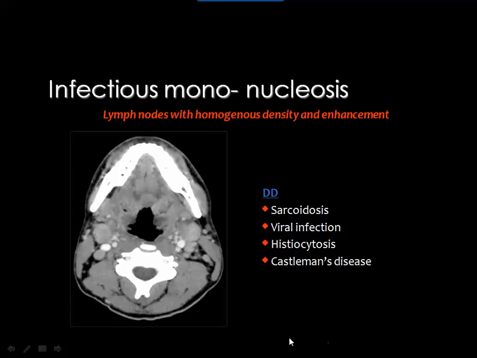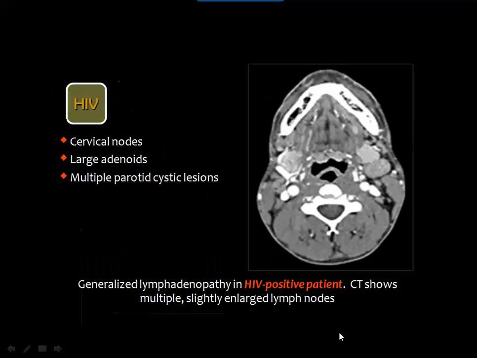Then infectious mononucleosis is also one of the viral infections which lead to enlargement of the lymph nodes, and the nodes are usually of homogeneous CT density. They do not contain a necrotic center, and in this particular appearance they may simulate sarcoid nodes or other viral infection nodes, and Castleman disease, which represents nodal hyperplasia.